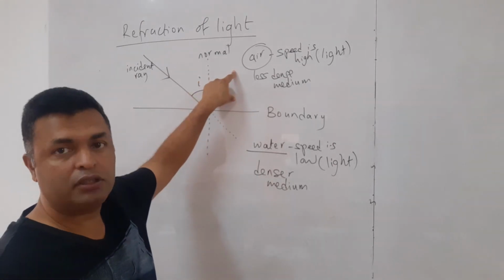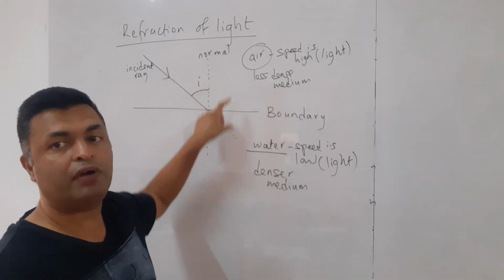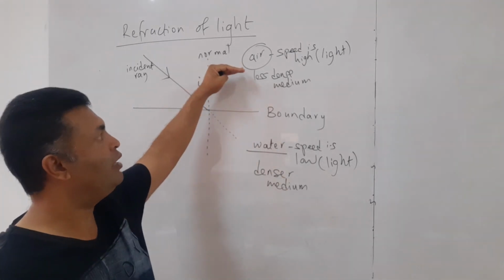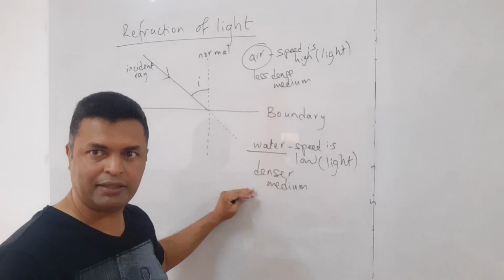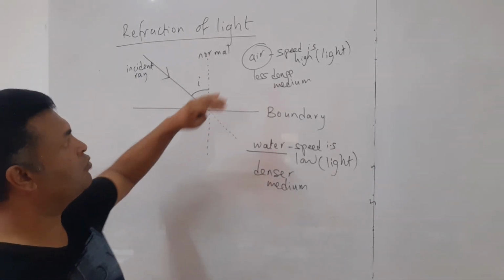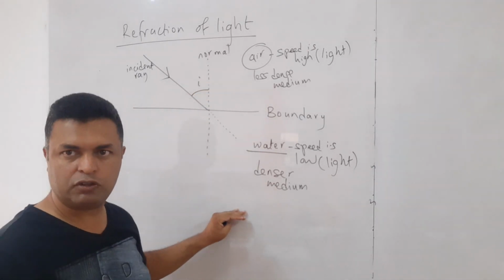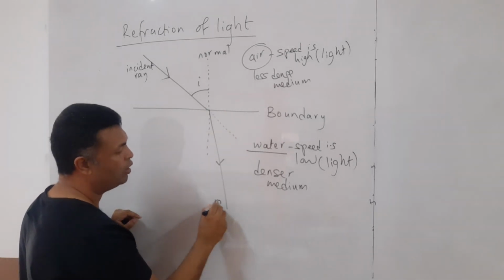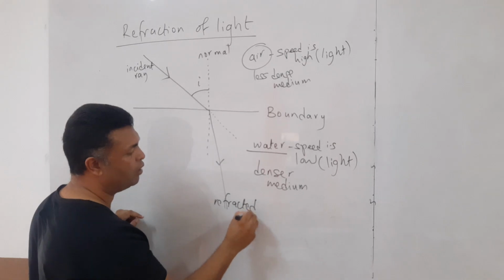The densities should be different, as here air is less dense and water is denser. When light passes from a less dense to a denser medium, this is called the refracted ray.